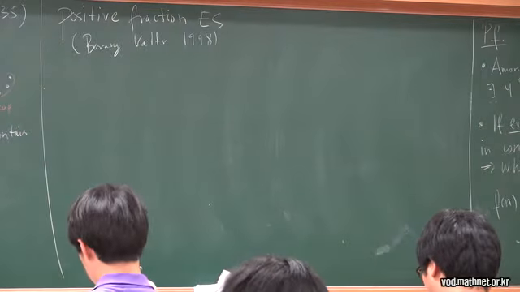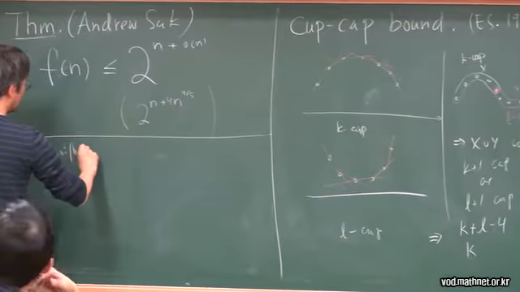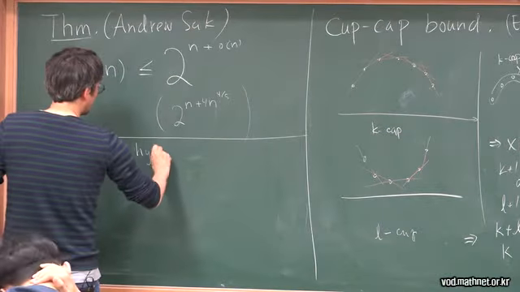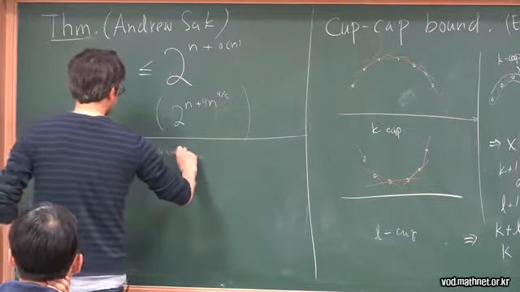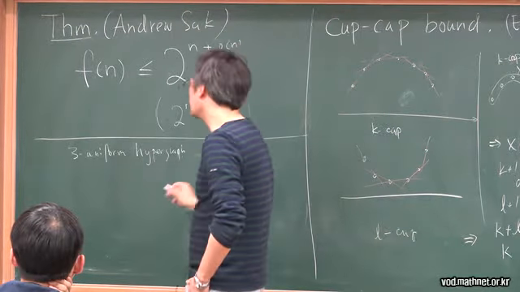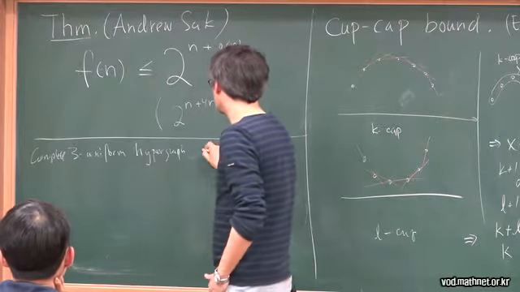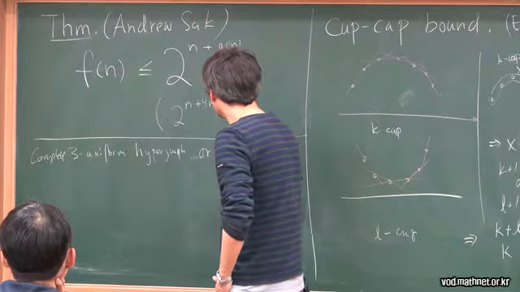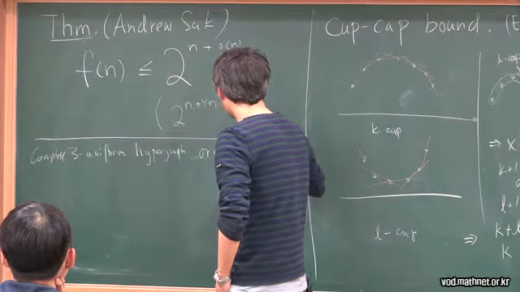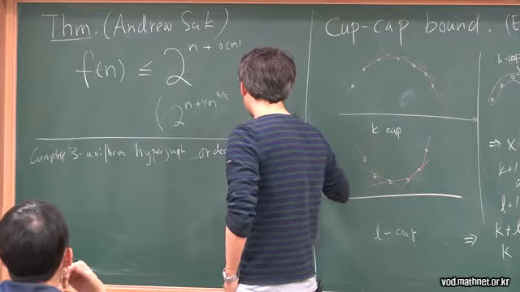So what you do is you take a complete 3-uniform hypergraph with ordered vertices. Okay, so you put a linear order on the vertices, 1 up to n.